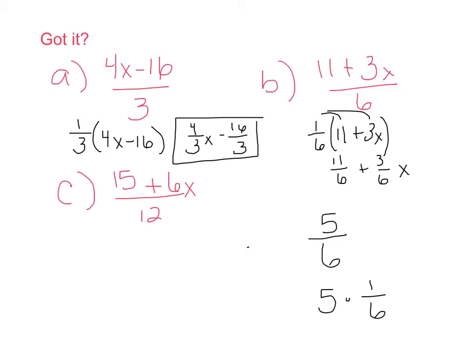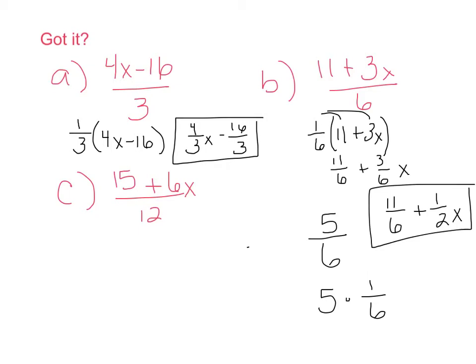Now, is that simplified? Absolutely not. So we have to simplify that, so that would give us an answer of 11/6 plus 1/2 x, because 3/6 simplifies into 1/2. So that would be my answer.